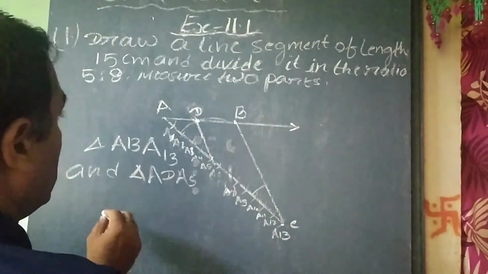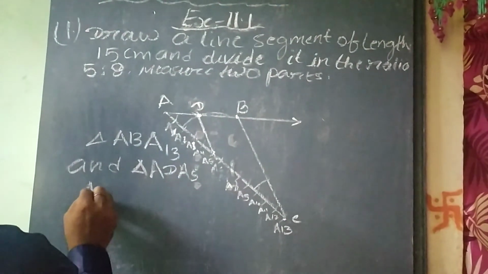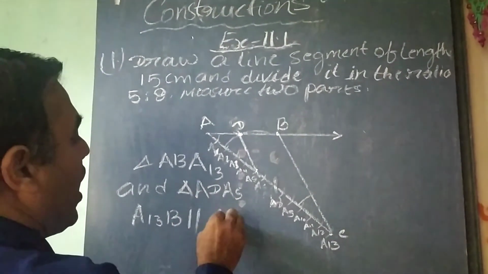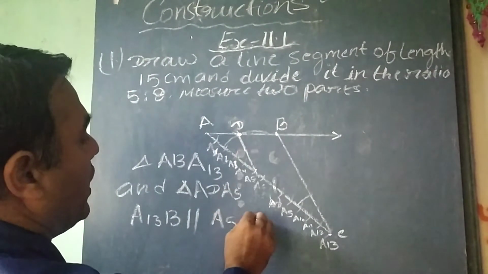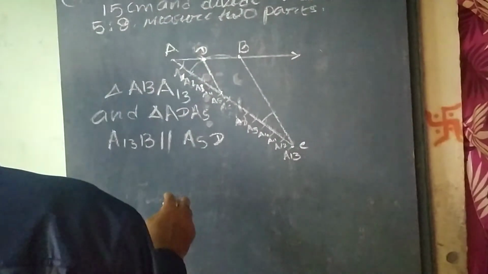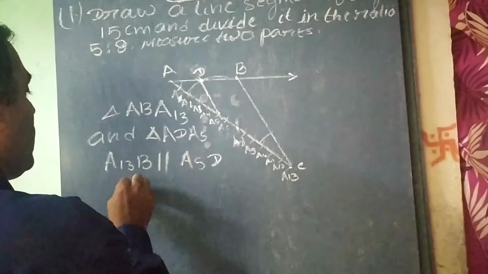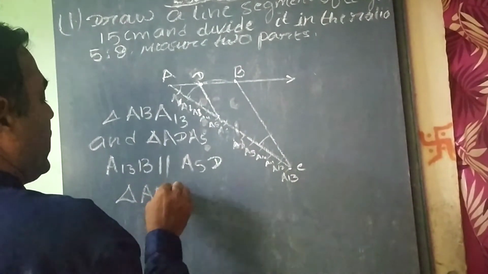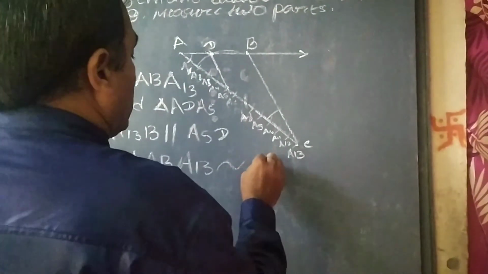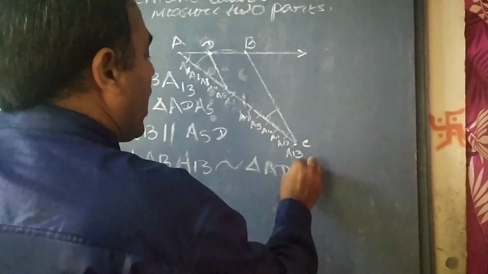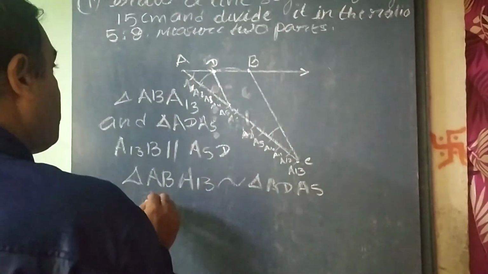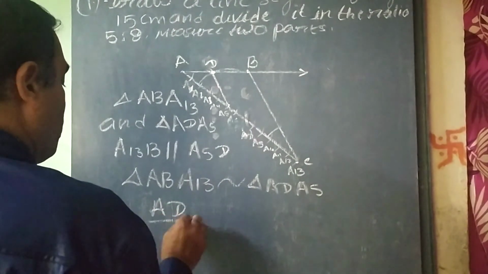These two lines, A13B and A5D, are parallel. So triangle ABA13 is similar to triangle ADA5.